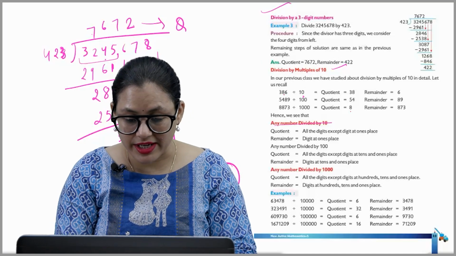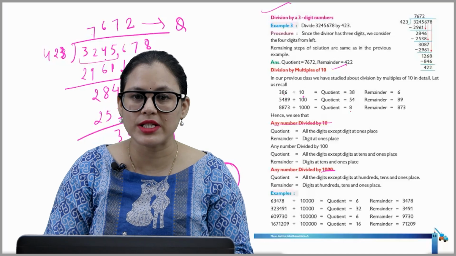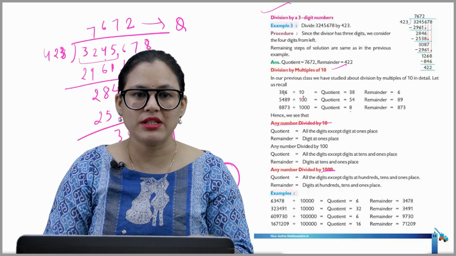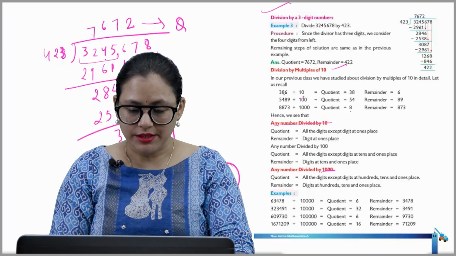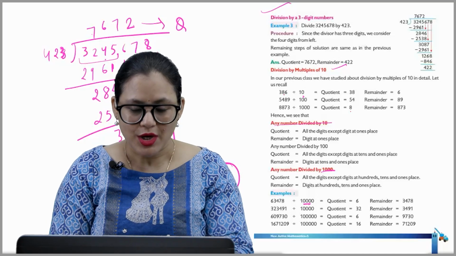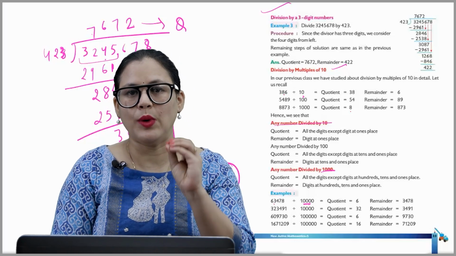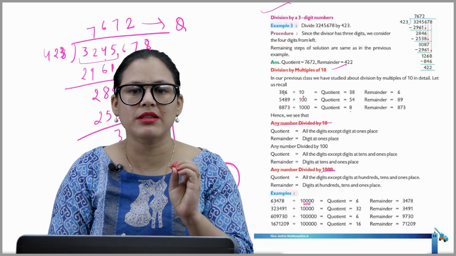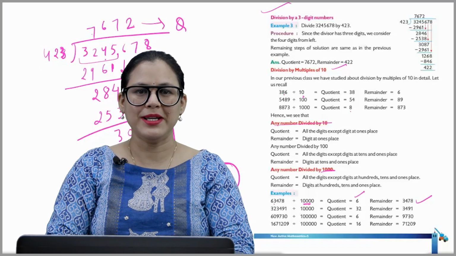And any number divided by 1000, quotient is all the digits except digits at hundreds, tens and ones place and remainder is digits at hundreds, tens and ones place. Example again, here we have a 10,000, so how many zeros we have? 4 zeros. So 1 2 3 4, that is the digit at ones place, tens place, hundreds place and thousands place becomes your remainder and the remaining digit is a quotient, right?